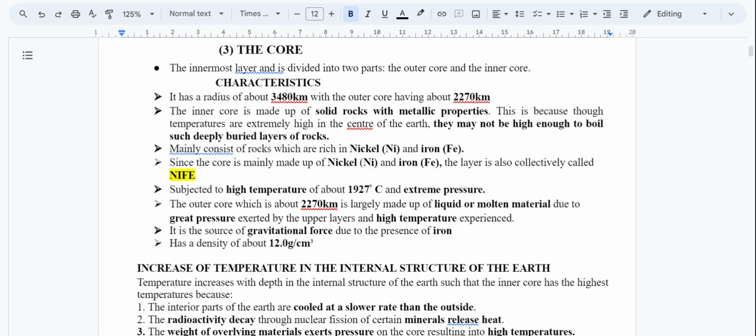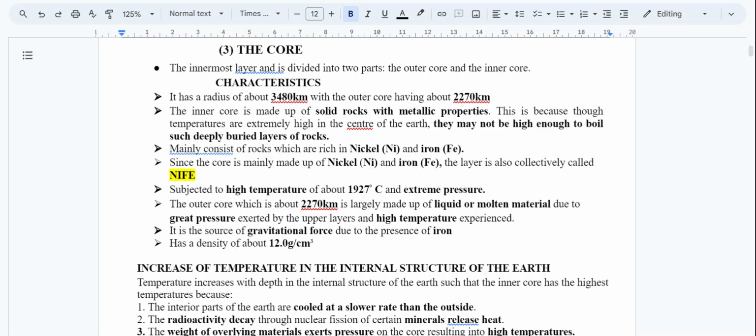So it is subjected to very high temperatures and extreme pressure. The core also has the largest radius, of about 3,480 kilometers.